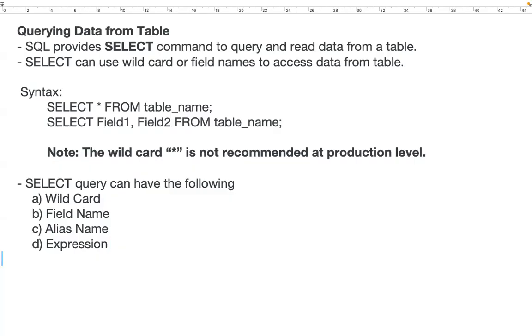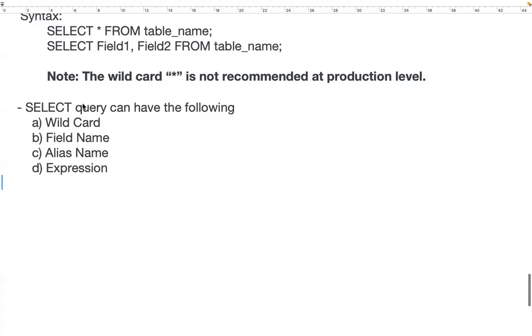The wildcard is the asterisk, field name is the field name, and we can have alias names and expressions also.